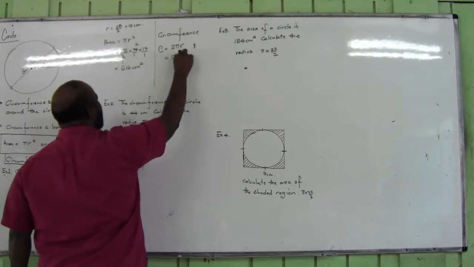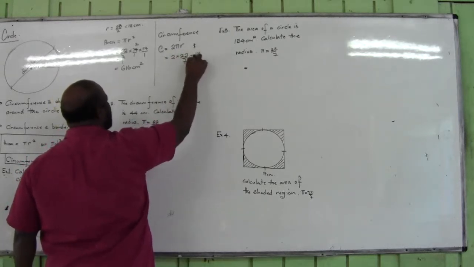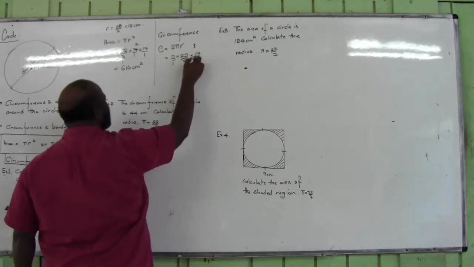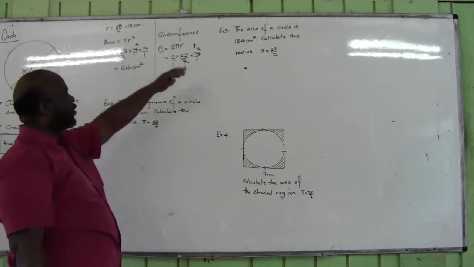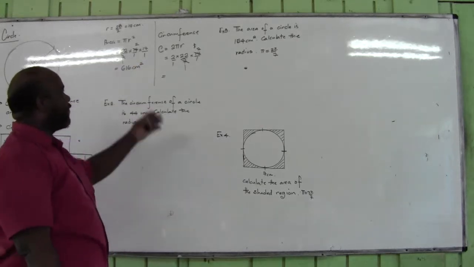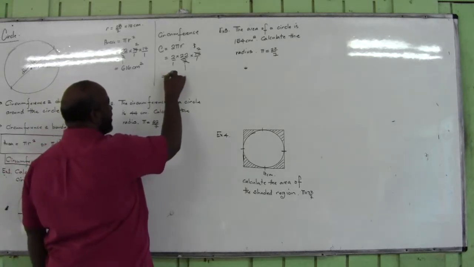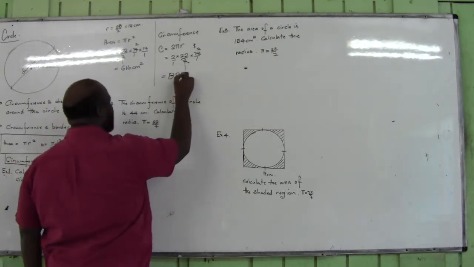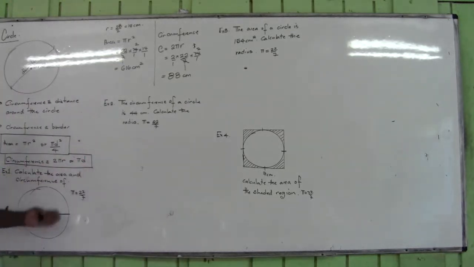It's 2 times 22 over 7 times r, which is 14. 7 into 7 is 1, 7 into 14 is 2. 2 times 22 is 44. 44 times 2 is 88. The unit is centimeters. So remember, circumference is a length, whereas area is measuring surface.